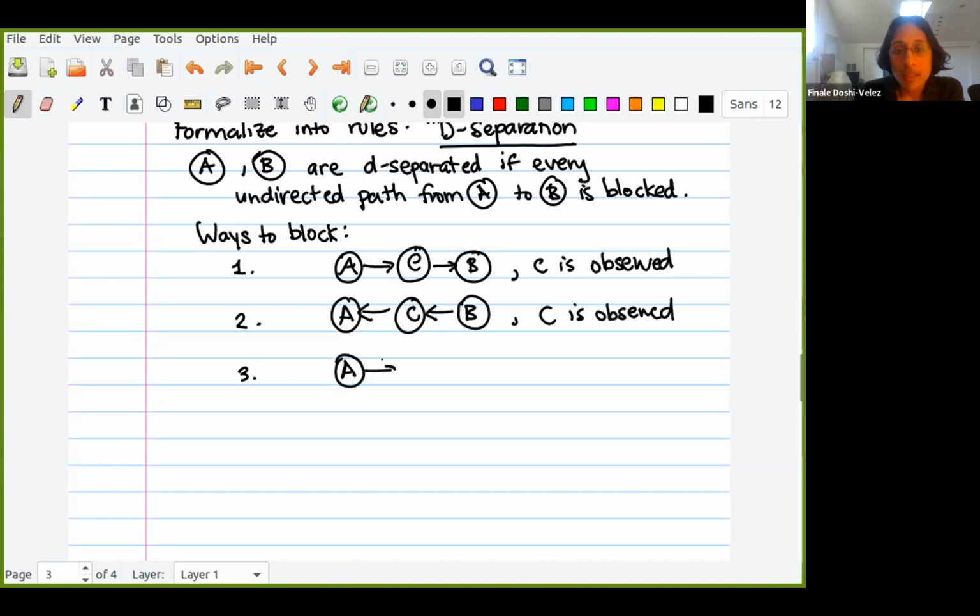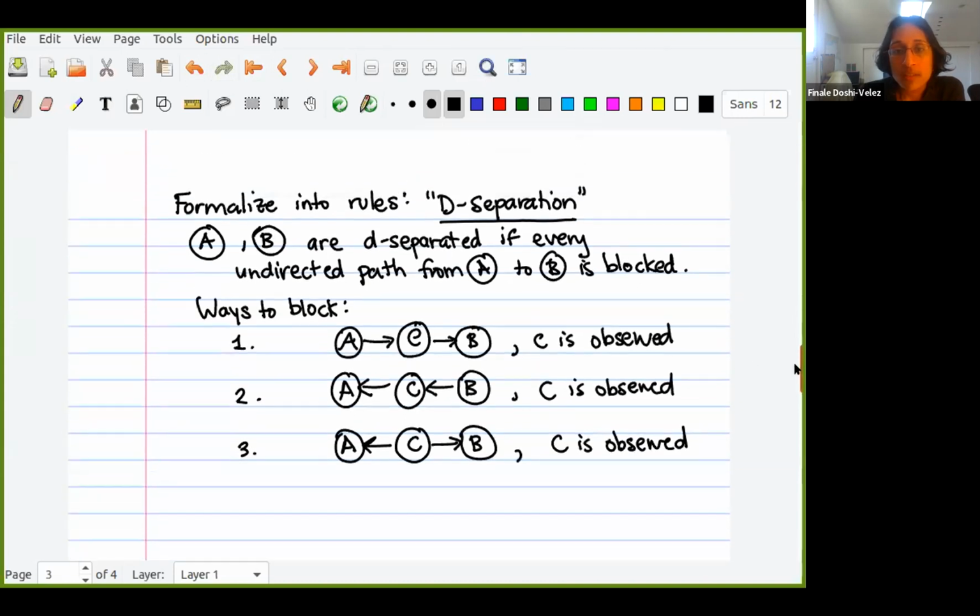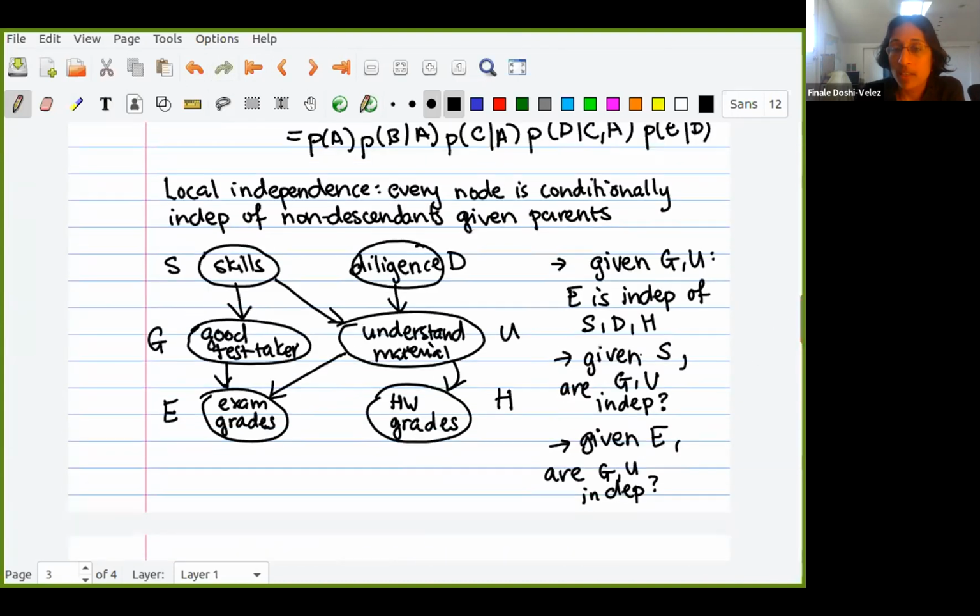And then we have the case where, I want to do this one first, C is kind of in the middle. So you might have a path that looks like this. C is observed, and this corresponds to the case that I asked about where given S are G and U independent? So S corresponds to the C in the middle, and these are the A and the B. We just kind of talked through that.